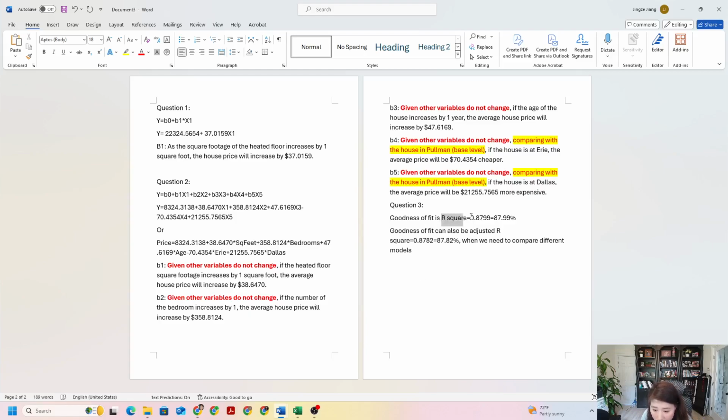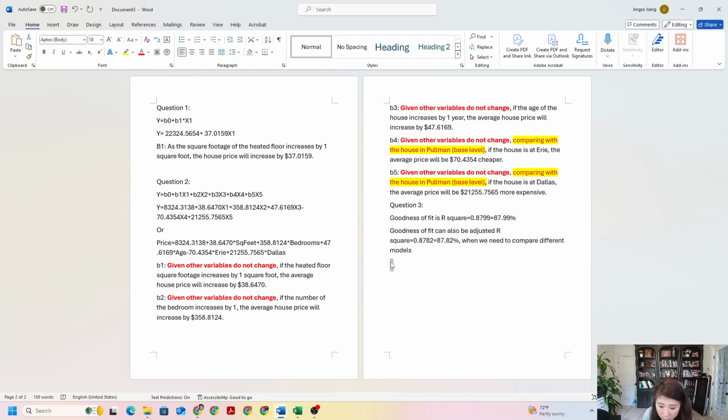Let's look at how we can interpret R-square. In our lecture video, make sure you watch it, we learned how to interpret this, so we are applying that idea here. R-square tells you what percentage of the variation in your y variable can be explained by your regression model.